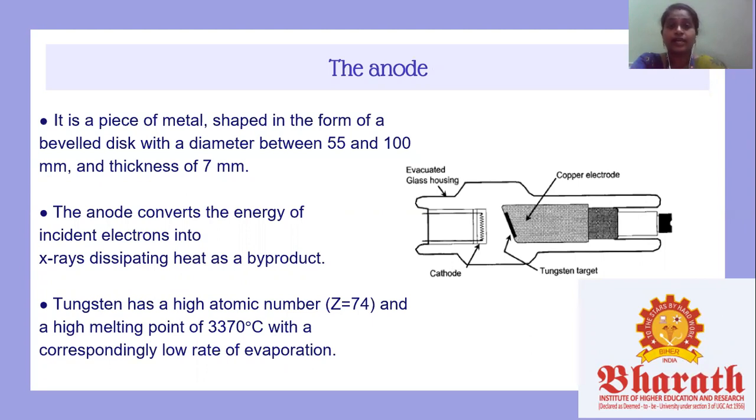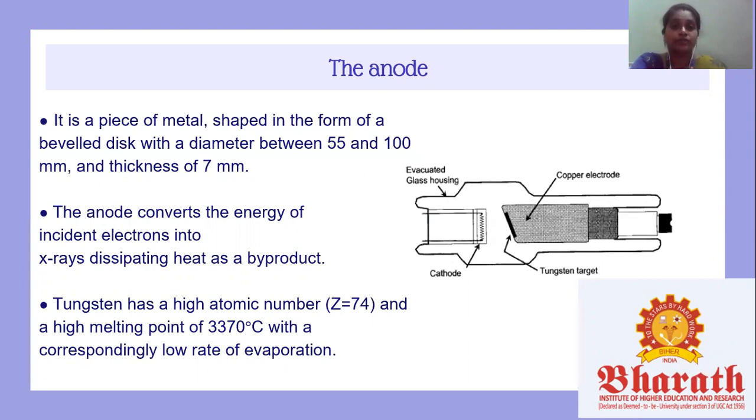An alloy containing tungsten and rhenium is also used because the addition of 5 to 10% rhenium prevents crazing of the anode surface. Some other materials like molybdenum and graphite are also used in X-ray imaging like mammography.